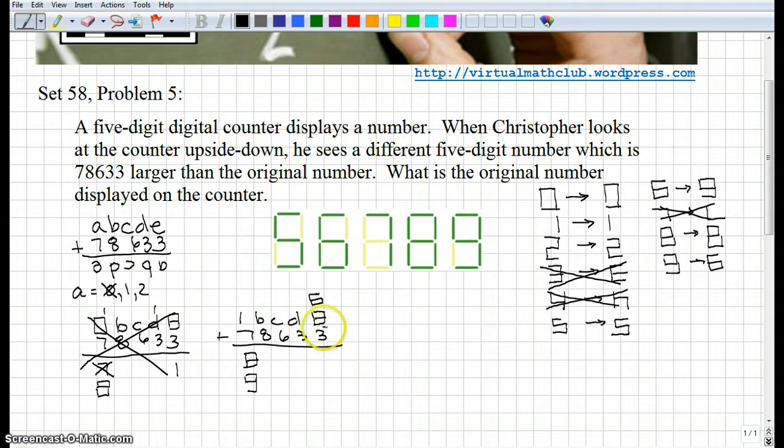All right, so if I add 8 and 3, that gives me 11. So I put down a 1 and carry a 1. If I add 6 and 3, that gives me a 9. But 9, I could write that down here, 9 would not match up because 1 upside down does not look like a 9. So this is not the case.